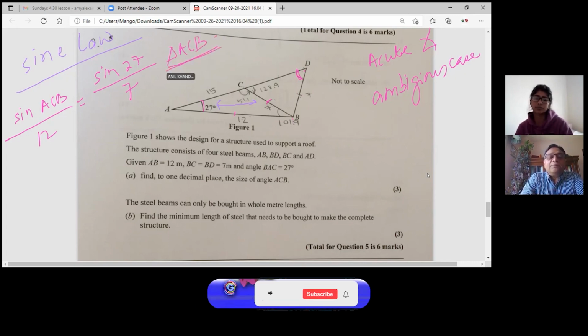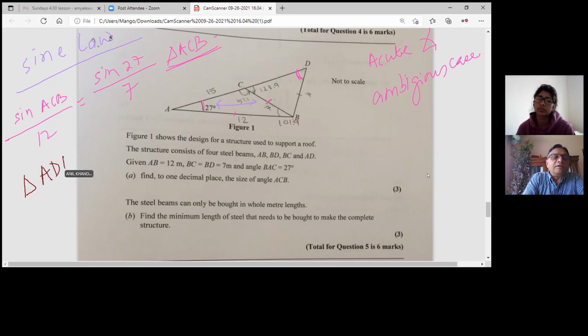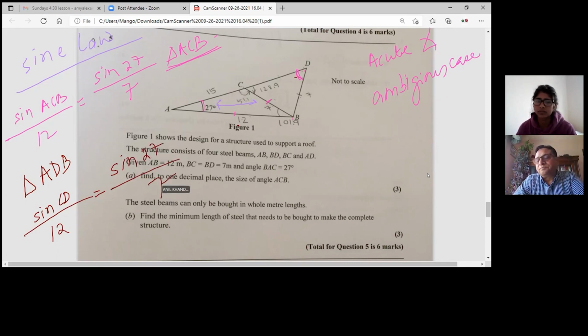But think about applying the same formula for the bigger triangle, triangle ADB. In that case, what will be the angle D? Sine of angle D over opposite side 12 is equal to sine of angle 27 over 7. You get the idea.